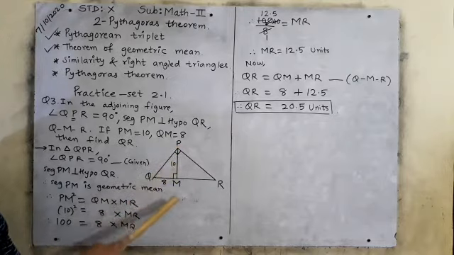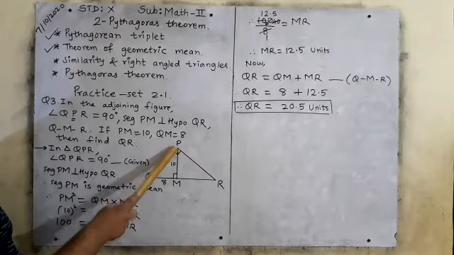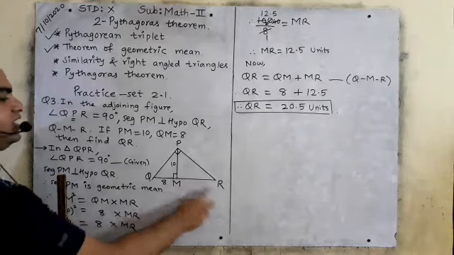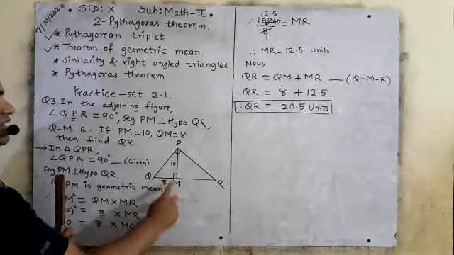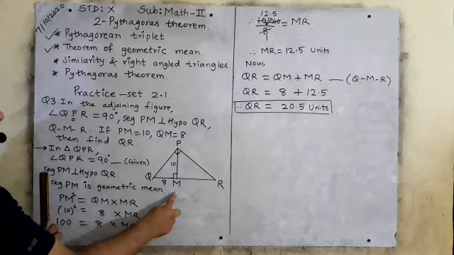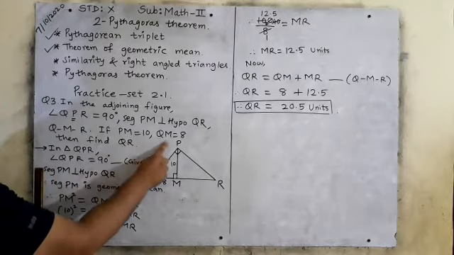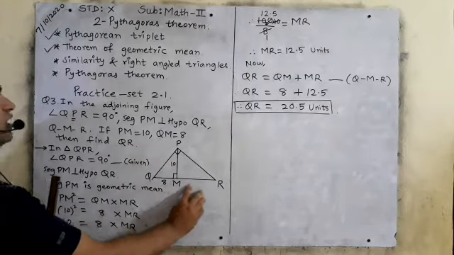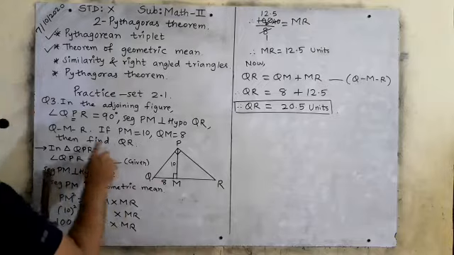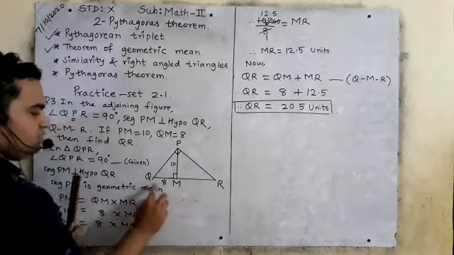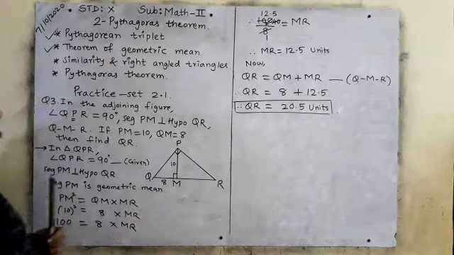This is the geometric mean. Why? Because this is a perpendicular which divides the hypotenuse into 2 parts. So PM is the geometric mean. PM is equal to 10 and QM is 8. It means we have to find MR, and at last we have to find QR, that is QM plus MR.